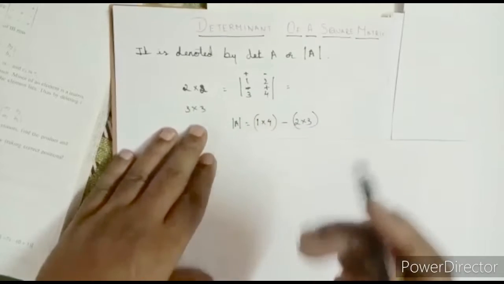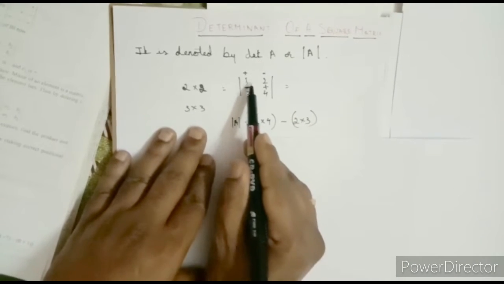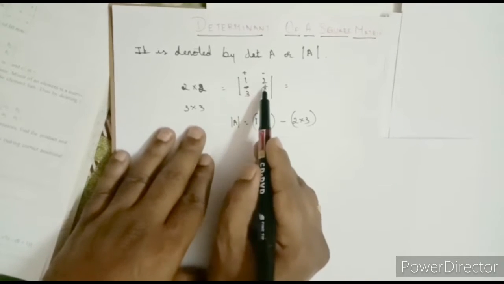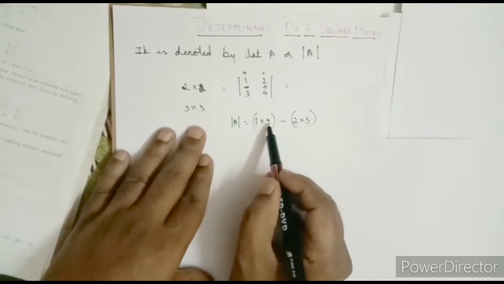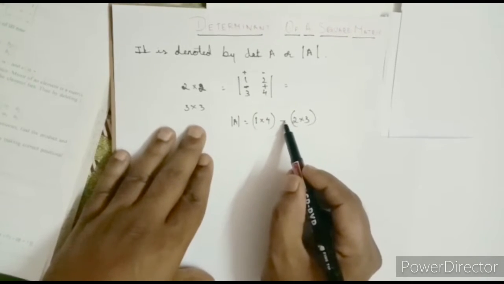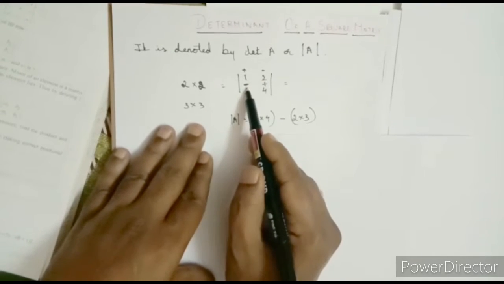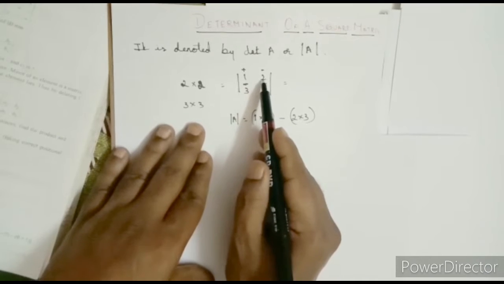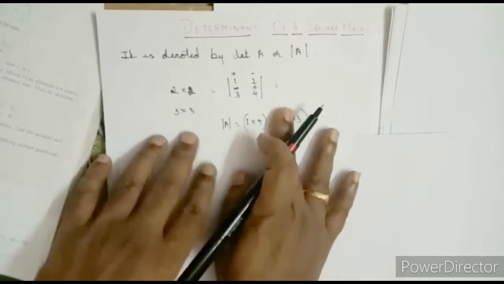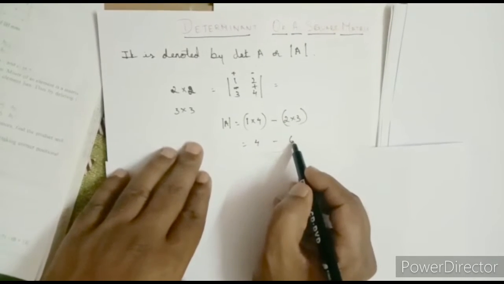That is, just you need to cross multiply this, that is 1 and 4. Here it is plus into plus is plus. Therefore 1 into 4 minus, always we should minus 2 into 3, that is minus into minus, once again it becomes plus. So therefore 2 into 3. So 1 into 4 is 4 minus 2 3s are 6.